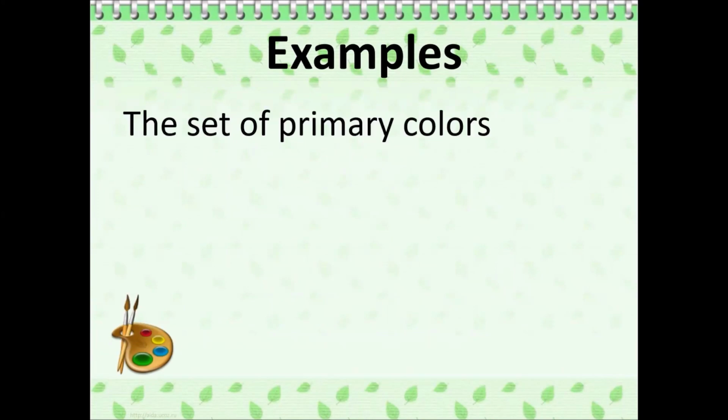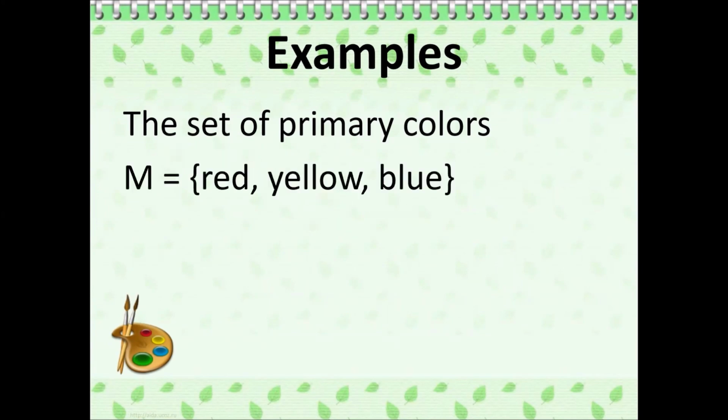Examples of well-defined sets. The set of primary colors. We use any letter to represent the primary colors and list the exact primary colors. So we have set M, with elements red, yellow, blue.